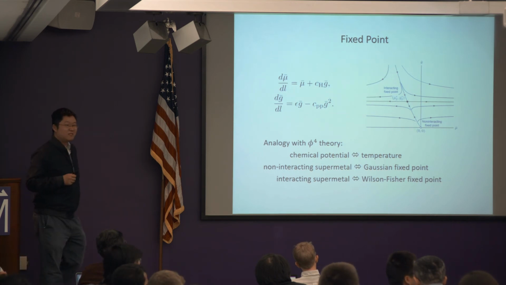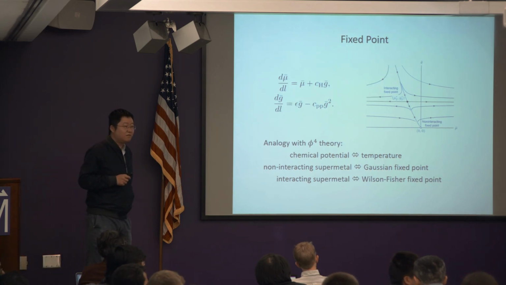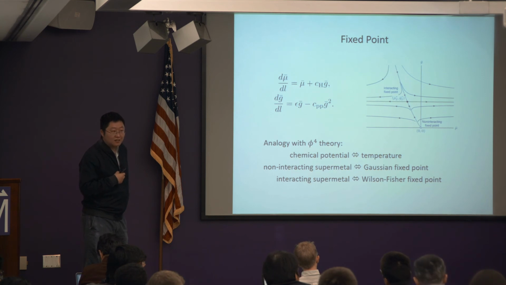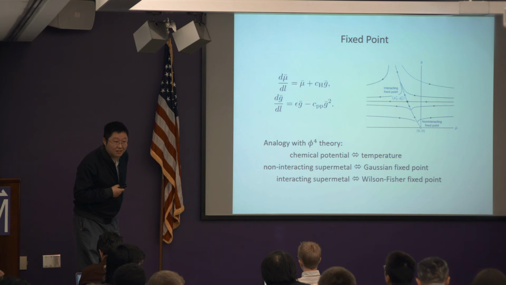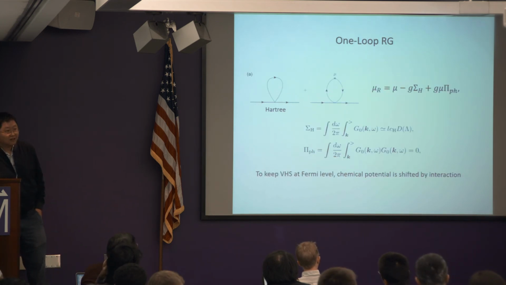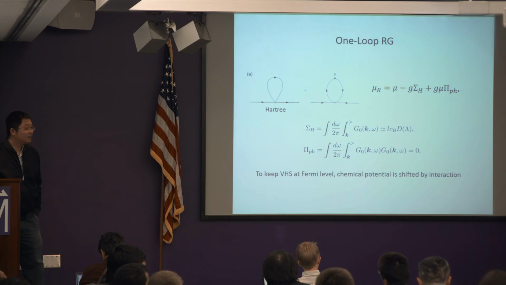Yes? The RG equation looks like it has loop diagrams, logarithm diagrams. And is there some special point from the higher order Van Hove singularity? Because if we have just a normal Van Hove singularity, then the divergence is log squared, but it looks like it just has a single log.